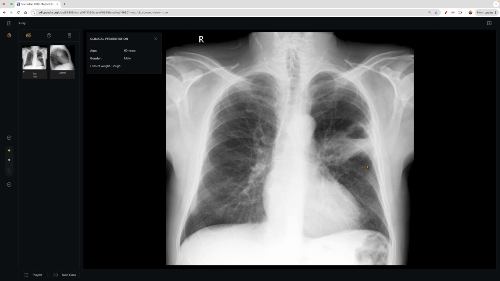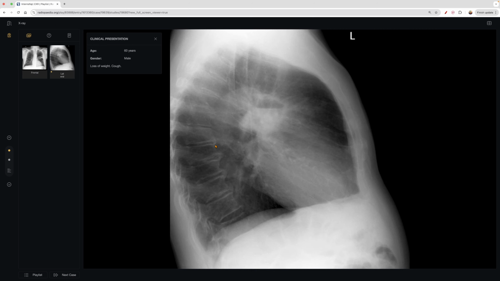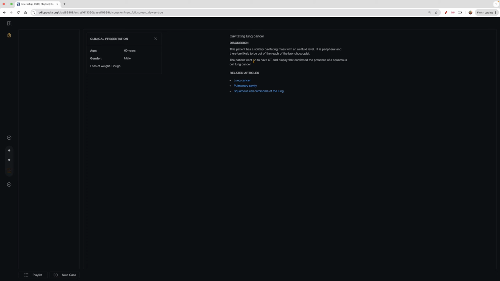So squamous cell carcinoma can cause this, and for a medical student, just know that lesions that are peripheral are favorable for biopsies, versus something more medial that can be accessed by bronchoscopy. That's how they'll take their sample. I believe this patient was sampled from a biopsy. The patient went on to CT, and biopsy confirmed the presence of squamous cell carcinoma, right?